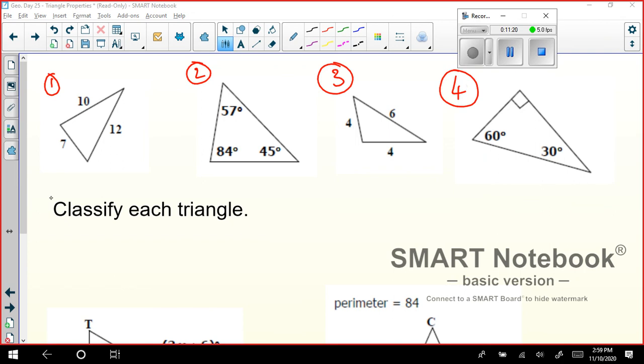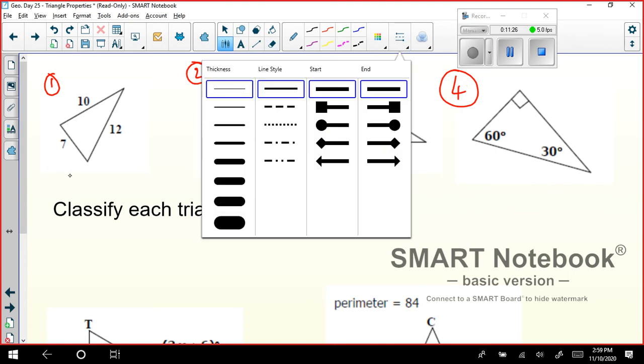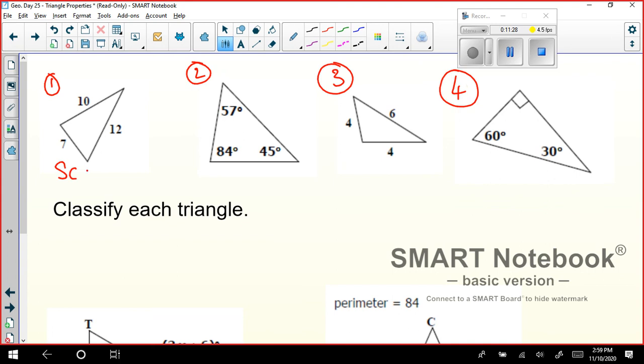So this is going to be a scalene triangle, as all the 3 sides are of different length. So we'll just call it a scalene triangle. Based on angles, all these 3 angles are less than 90 degrees, so I can call this an acute triangle.